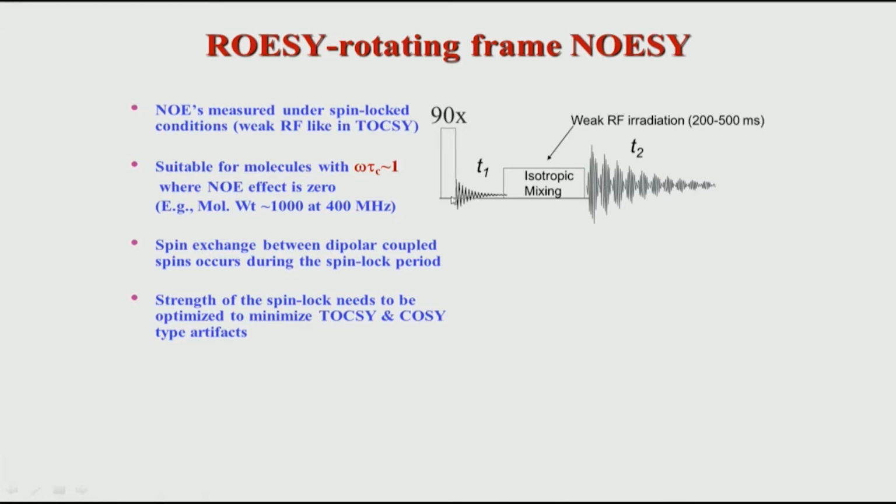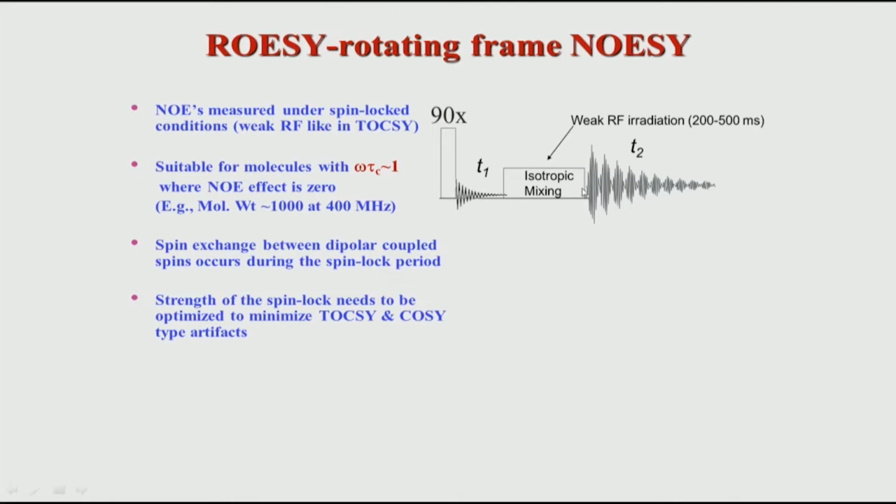So, we do not detect here, we just allow the spins to evolve in chemical shift, and they start moving according to the chemical shift frequency. The intensity at any point here is modulated, meaning related to the chemical shift frequency value, and that intensity is transferred to the next spin because of the spin lock, through space interaction.